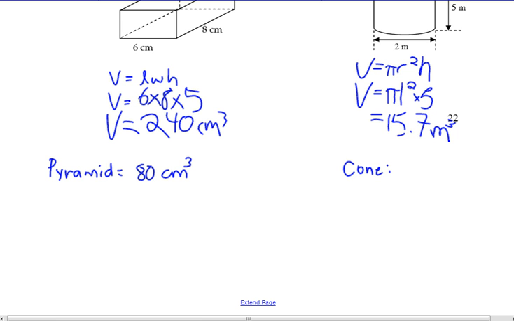Divide by 3, yeah. So if it was a pyramid, it's always 1/3 the amount. You can divide it by 3. So a cone is the pyramid version of a cylinder. Okay? All right, turn the page.